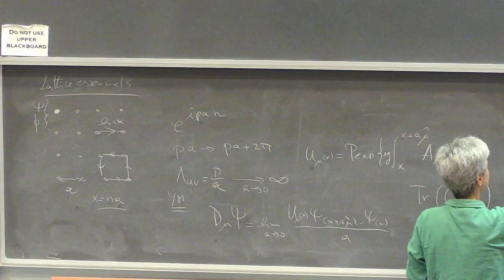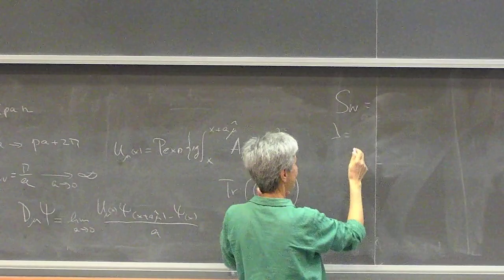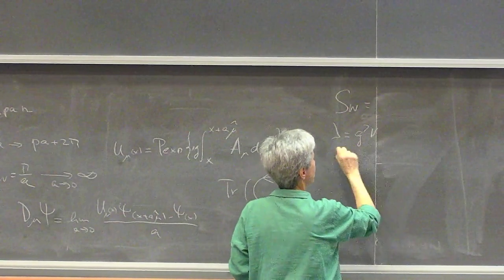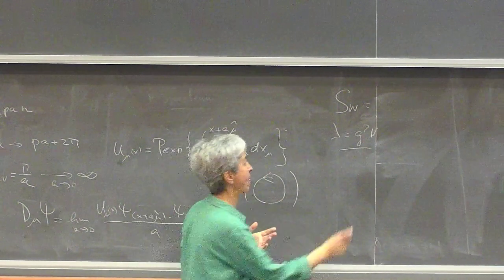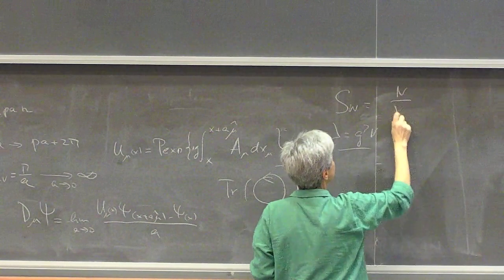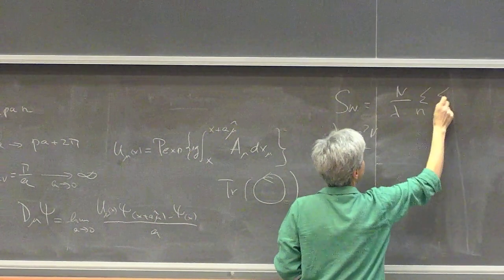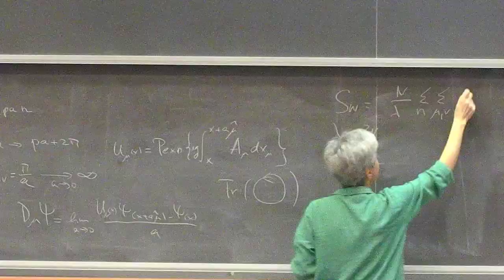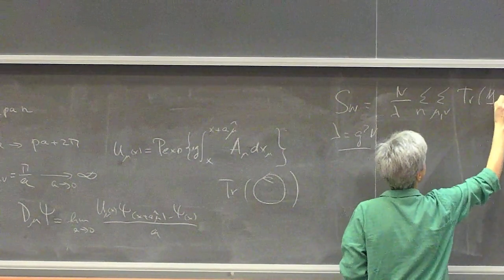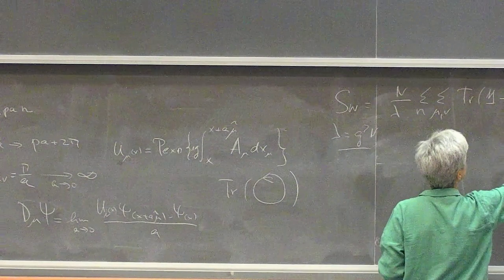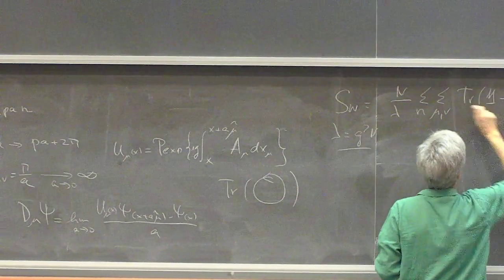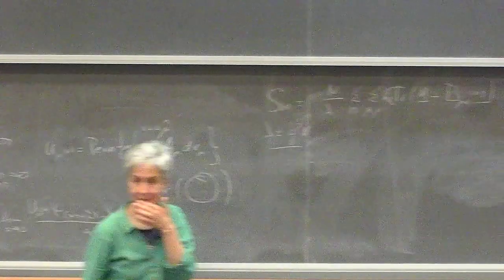But in principle, the simplest lattice action is the Wilson action, which I will write in a way that is useful for large N, using the 't Hooft coupling: a sum over x, sum over mu nu, of N times the trace of the identity minus the plaquette, real part of the trace.